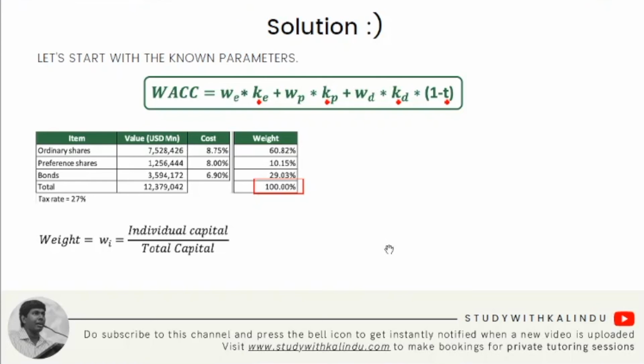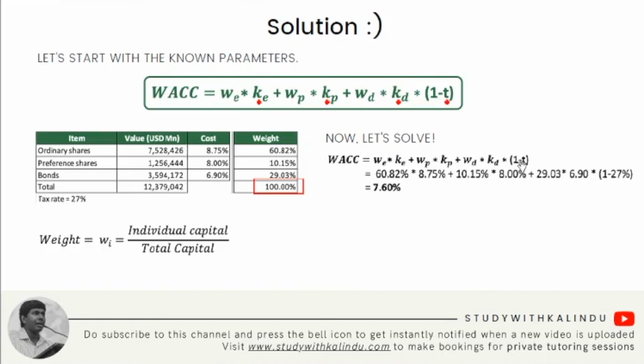Now it's just a matter of identifying the fact that you have WE, WP and WD also with you. So it's just a matter of substituting them into this formula. So let's solve.